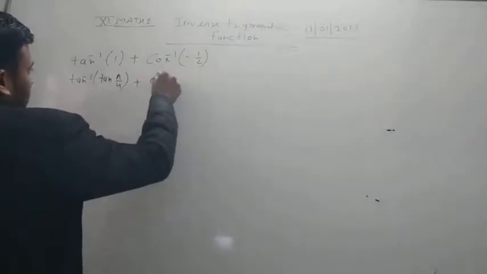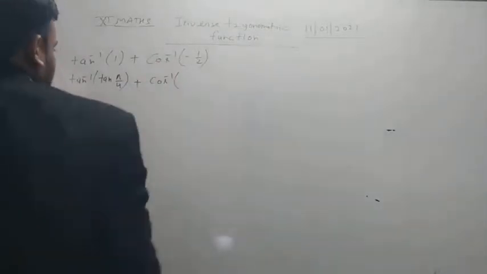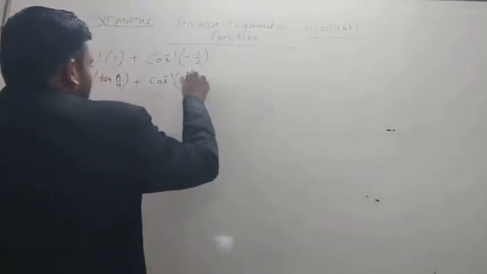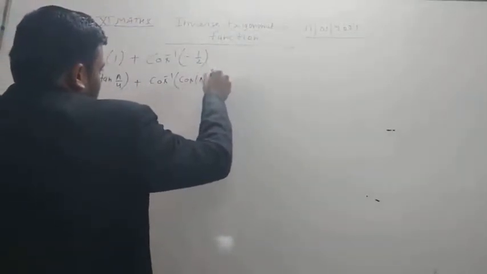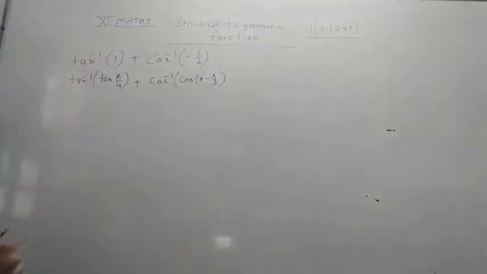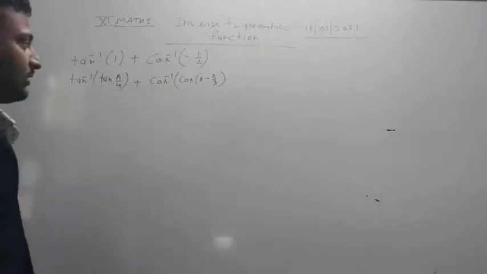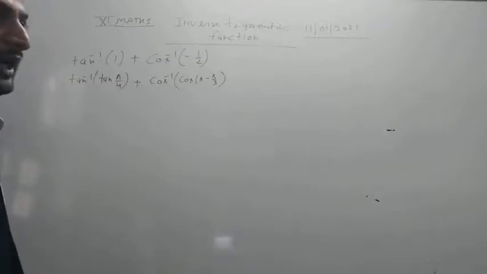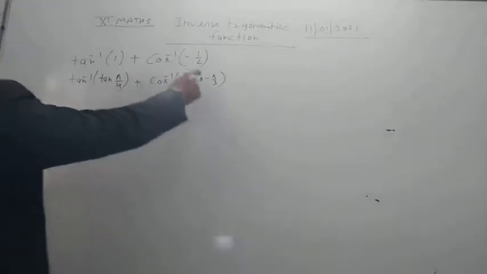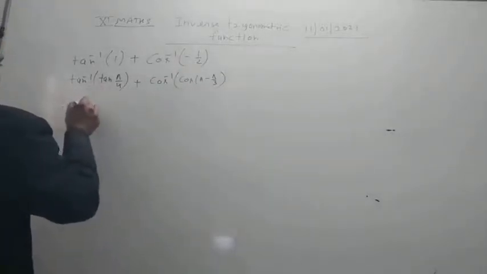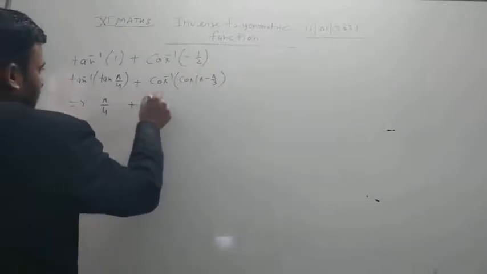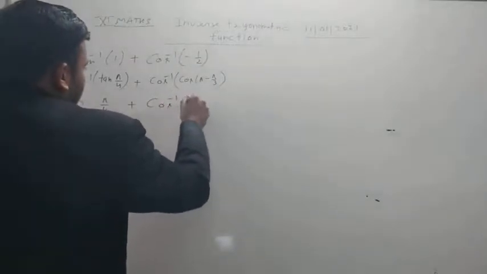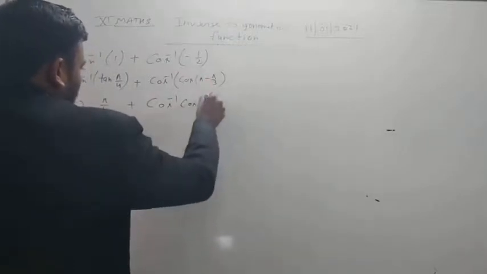For cos inverse, we can write cos of pi minus pi by 3, because cos of pi minus pi by 3 can be written as minus cos pi by 3, and cos pi by 3 is cos 60, so it will be minus 1 by 2. So this is pi by 4, and cos inverse of cos can be written as 2 pi by 3.